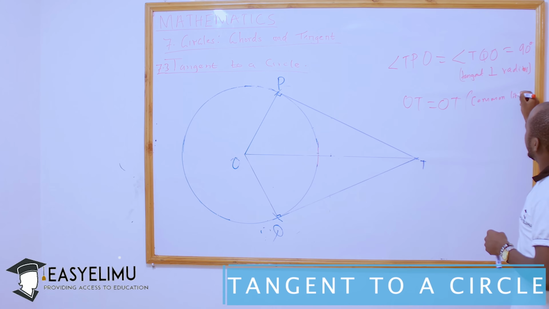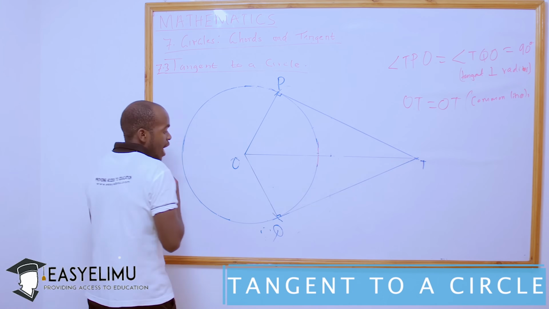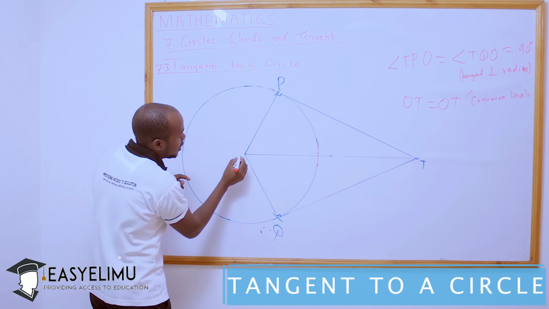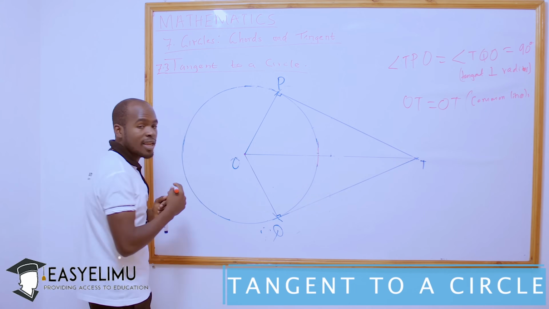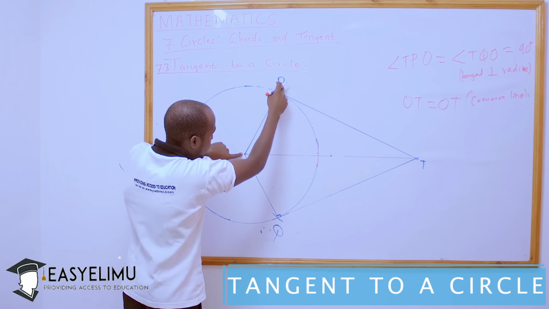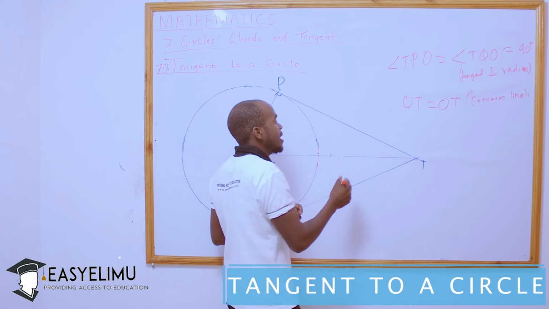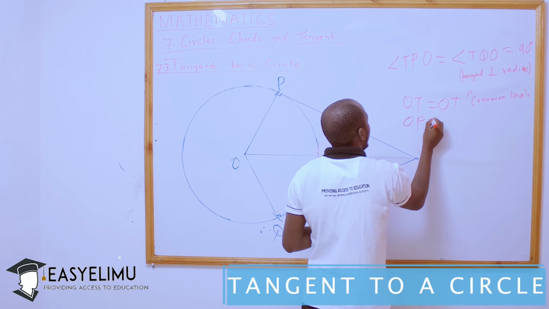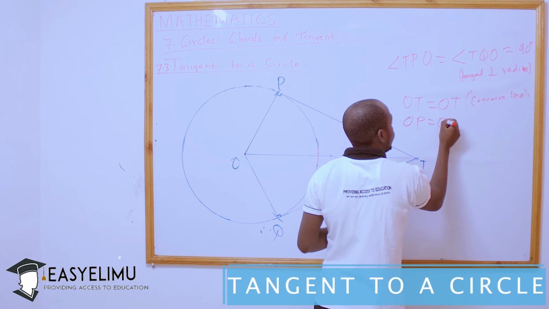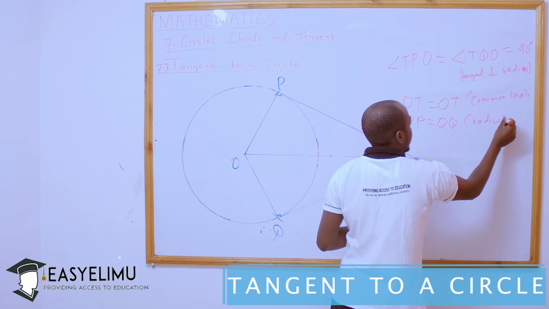And if O is the center of the circle, then OP will be equal to OQ, since they are radii of that circle.